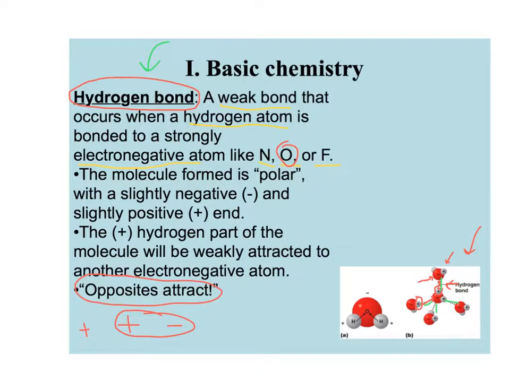So the oxygen side of the water is going to have a negative charge, like right here, because remember, a lot of those electrons are attracted to the oxygen. So this side of the water gets a negative charge, where the other side with the hydrogen gets a positive charge. And then the opposites attract. So the negative side of one water molecule will be attracted to the positive side of another.